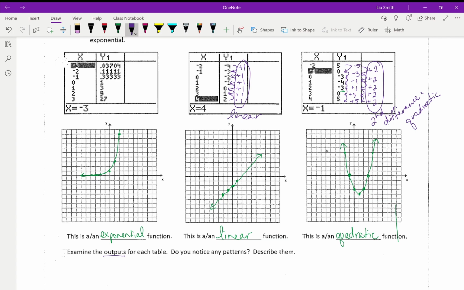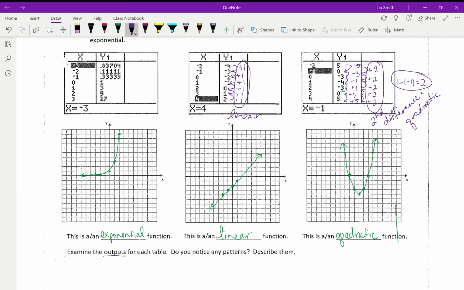And +3 plus 2 gives me +5. Now, if I didn't know that -1 plus 2 gave me +1, I can subtract and say, well, what's the difference? So I would say 1 minus -1 gives me +2. That's another way, if you don't know it right off the top of your head, you can subtract the two differences and find your new one.